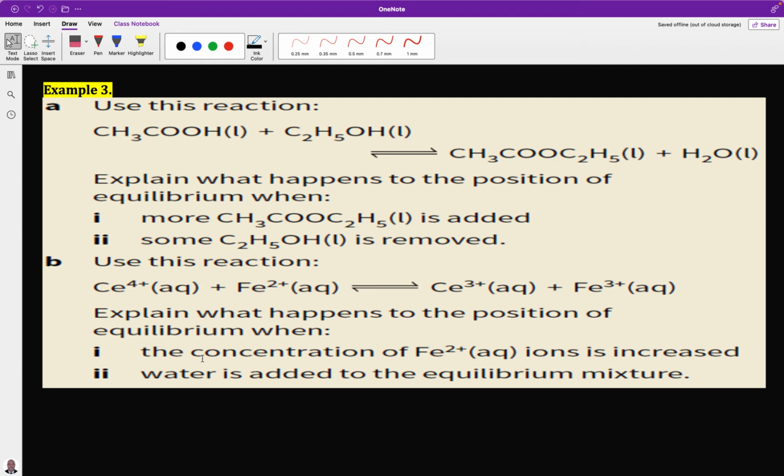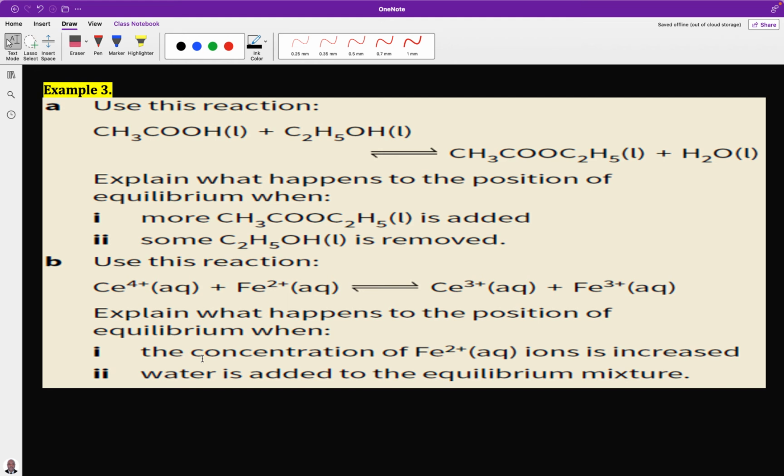Ethyl ethanoate is formed. That's an ester, and a molecule of water.